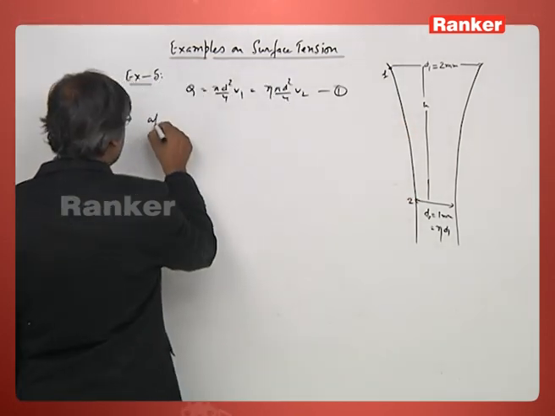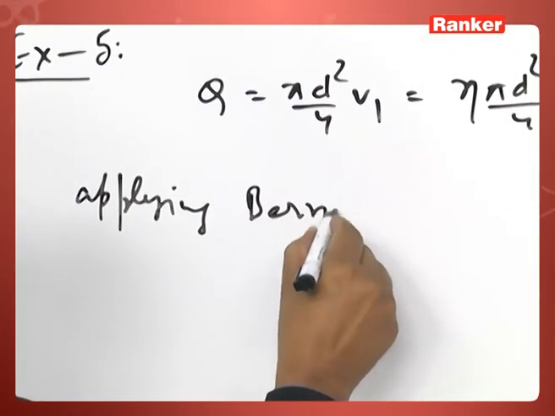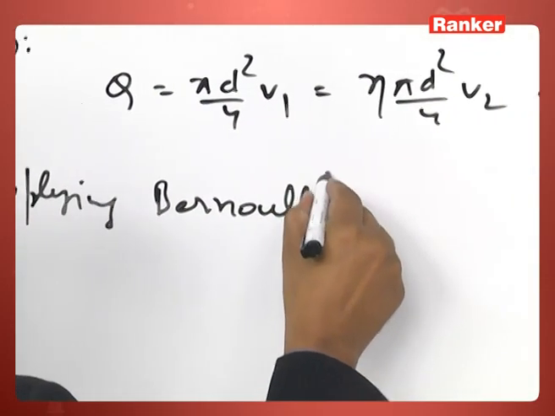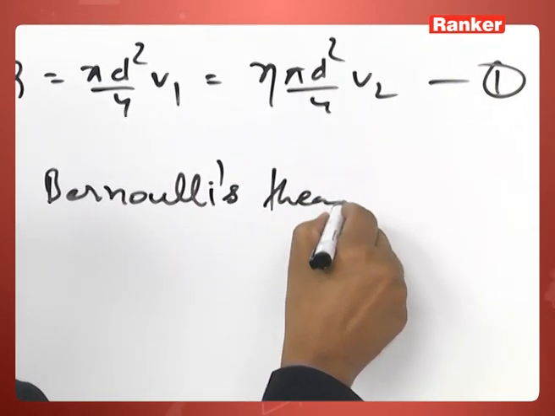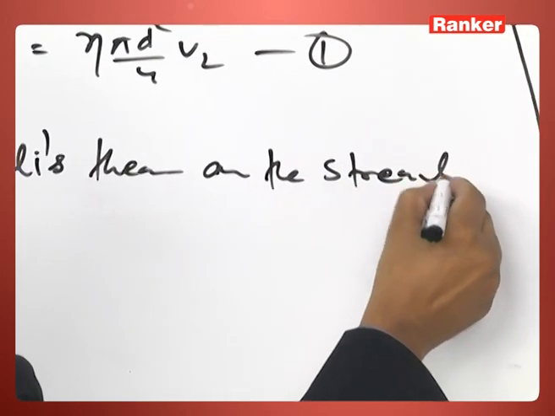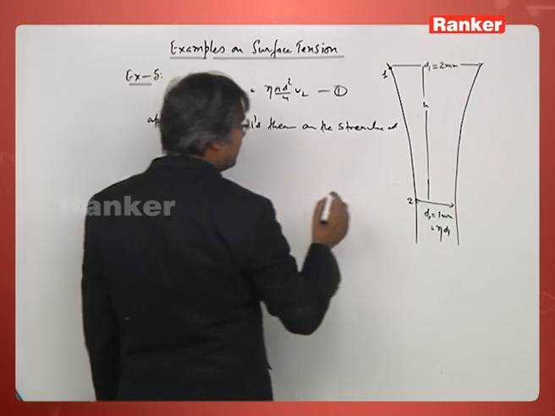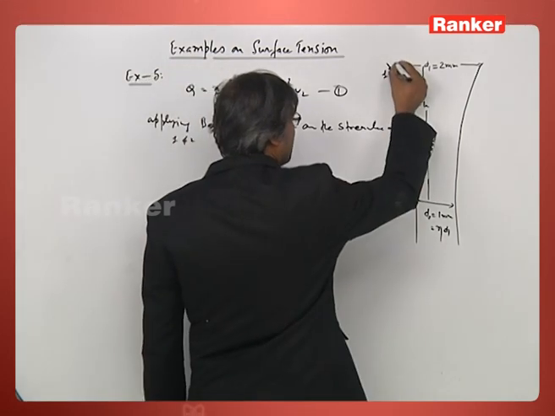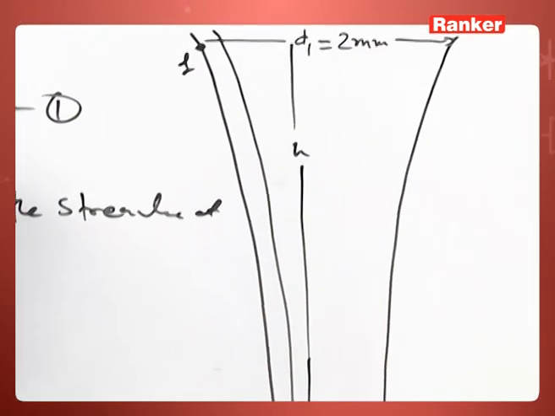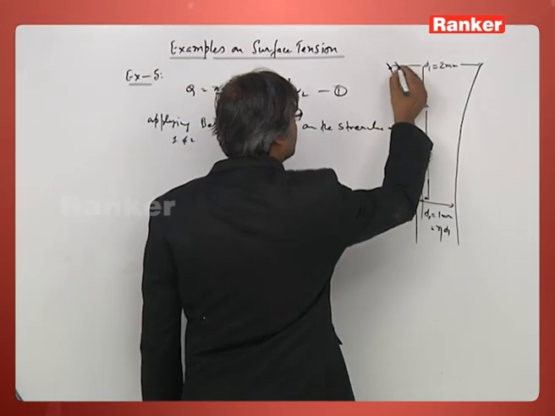Now, we have to apply Bernoulli's theorem on the streamline at points 1 and 2. So you see I am assuming a streamline here inside this, and this is point 2 inside and this is point 1 inside.